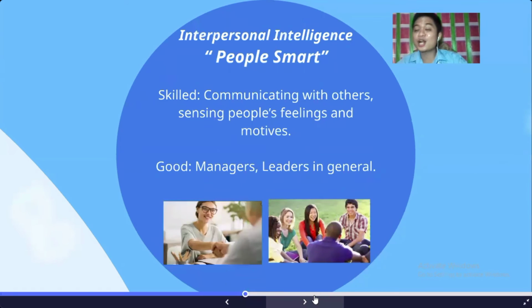So typically, they are not insensitive. They have interpersonal intelligence. More likely, those people are managers. They are leaders in general because they are good at dealing with people.